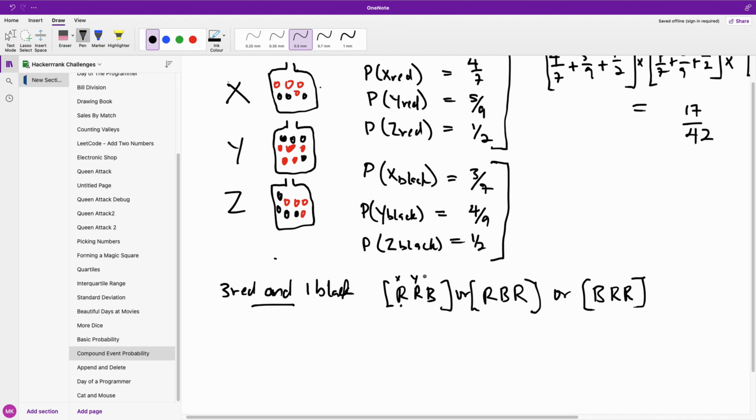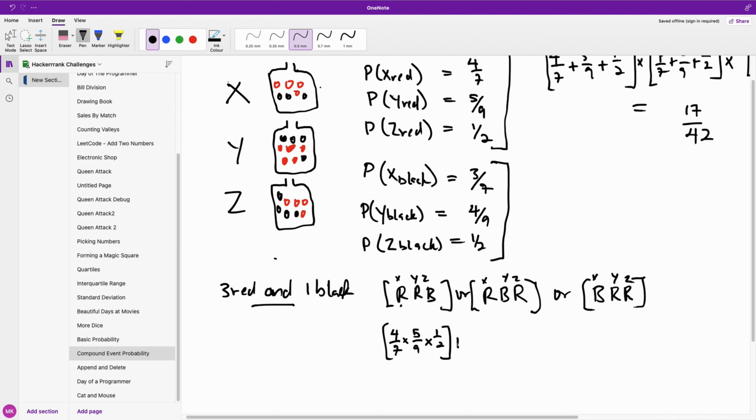This is X, Y, Z. This is X, Y, Z. This is X, Y, Z. So the probability that a red ball is drawn from X is going to be 4/7, times the probability that a red ball is drawn from Y, which is going to be 5/9, times the probability that a black ball is drawn from the Z box, which is 1/2.